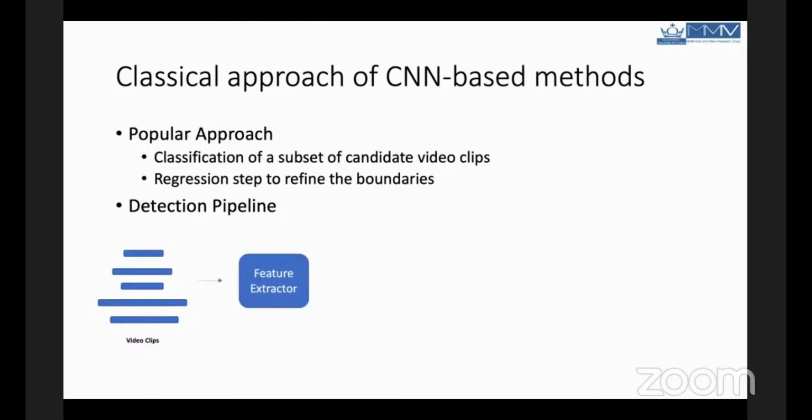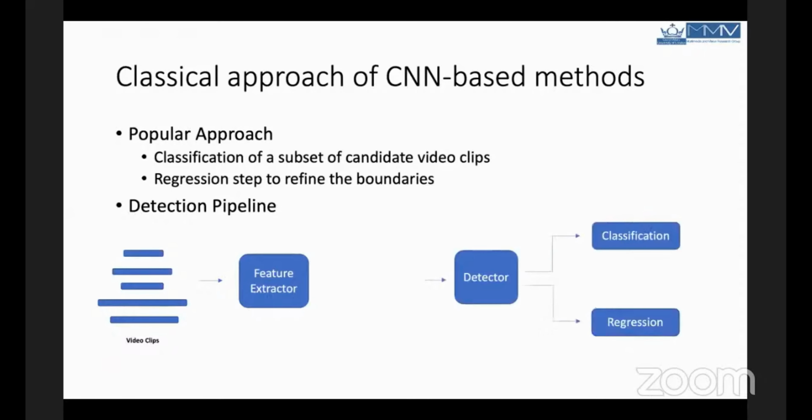Given some video clips, we feed them through the feature extractor and then the detector to make classification and regression. However, as the video clips are of arbitrary lengths, what should we do to feed them to a fixed size input detector? The key answer is pooling.